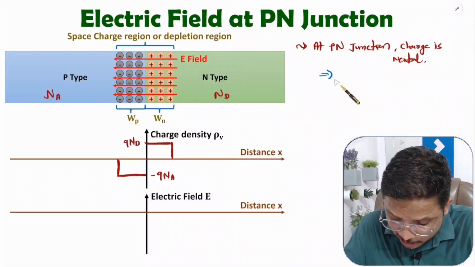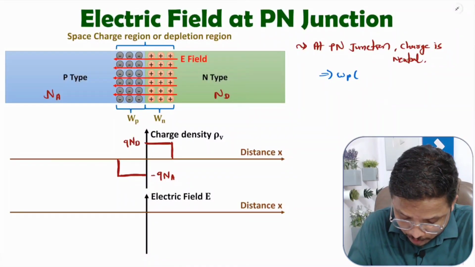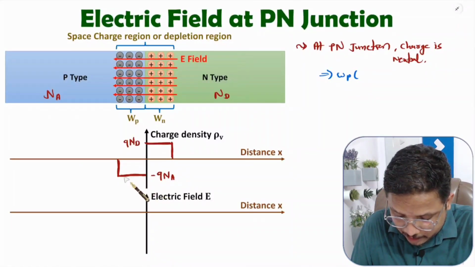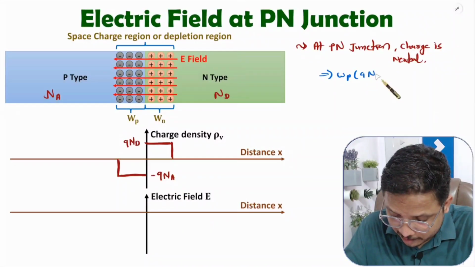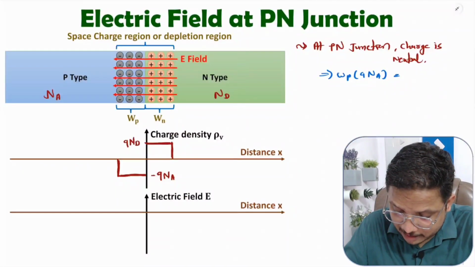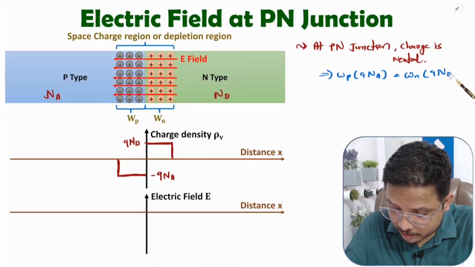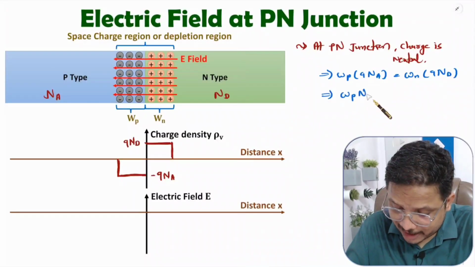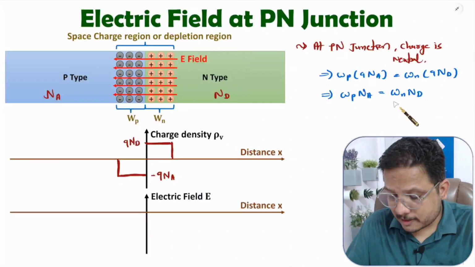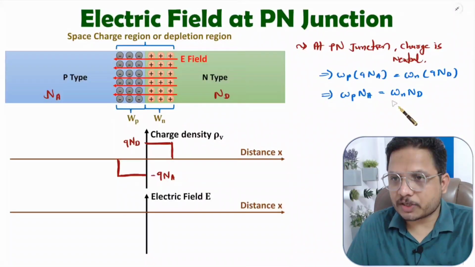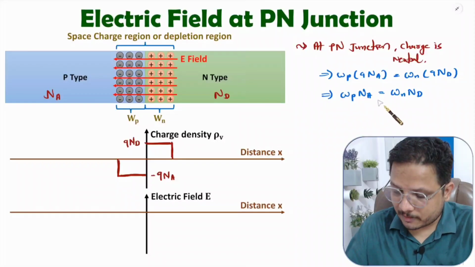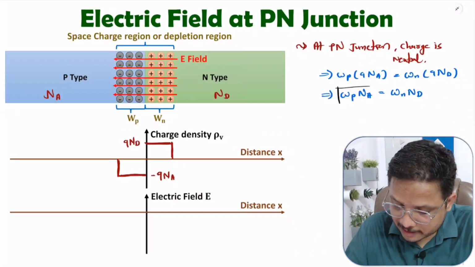So Wp into, now we are considering values only, Q into Na equals Wn into Q into Nd. Here Q gets cancelled. So you can say Wp into Na equals Wn into Nd. This equation is very essential in solving questions, so you should know this equation. Let me note it down. Let us say this is equation A.